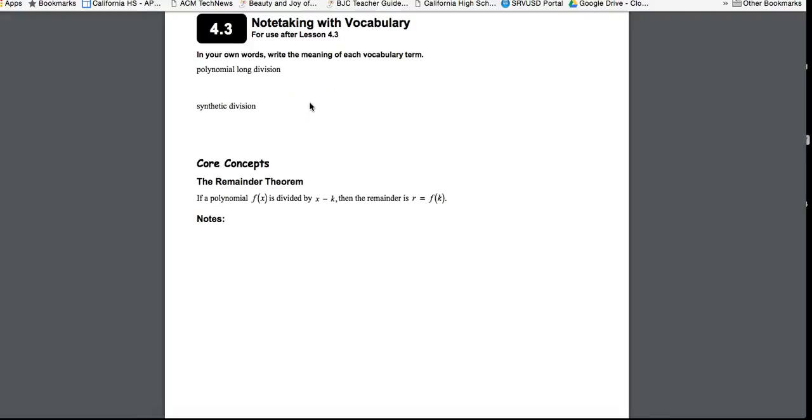Now, when I first say divide polynomials, a lot of people don't even think that's possible. So what I mean by dividing polynomials is if you take a polynomial like this. For example, let's say 2x squared plus 9x minus 18.